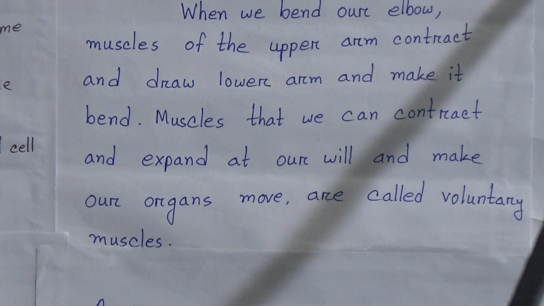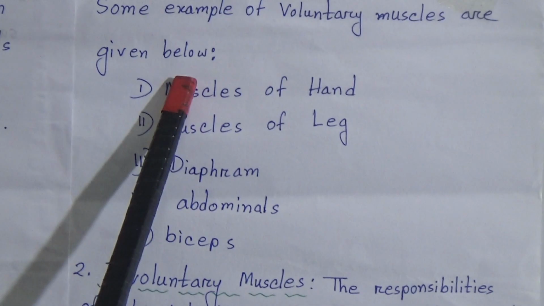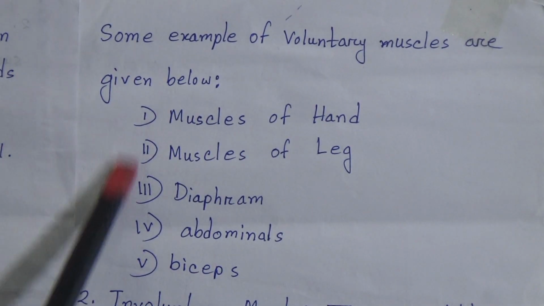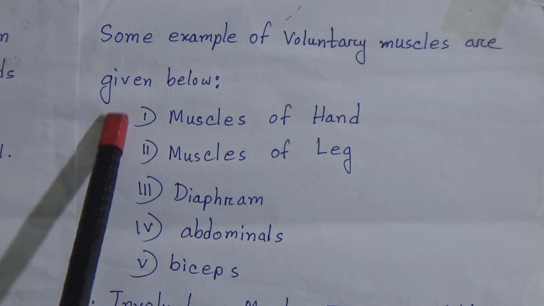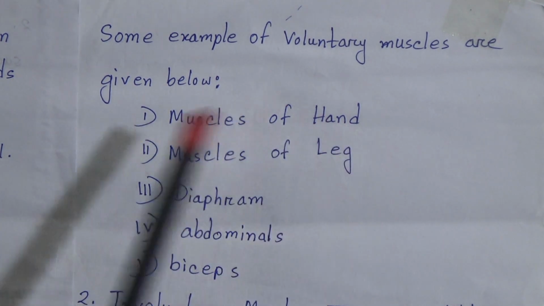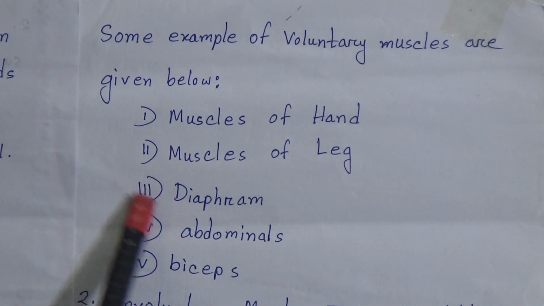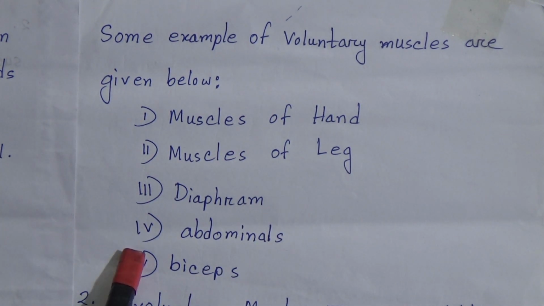Some examples of voluntary muscles are given below. I have given here some examples. Number 1, muscles of hand, muscles of leg, number 3, diaphragm, and number 4, abdominal muscles, and here are biceps muscles. Number 2, involuntary muscles.